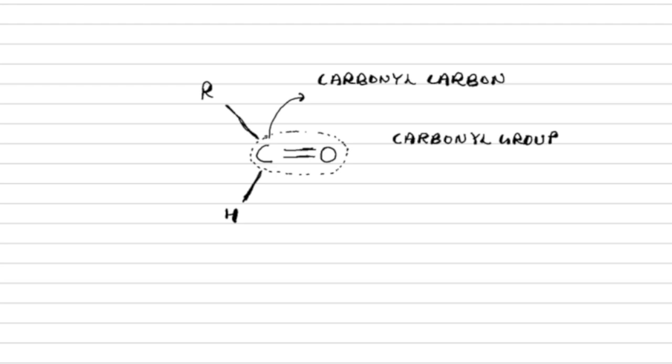So we are naming them very carefully so that we are not confused when we are doing reactions, when we are understanding the structure. We exactly know what everything is called.